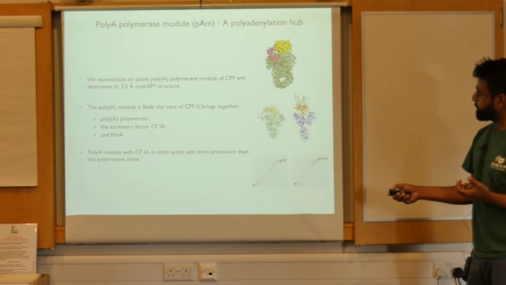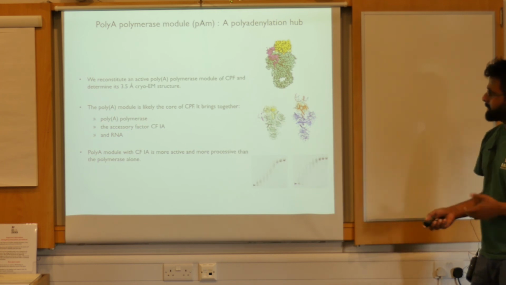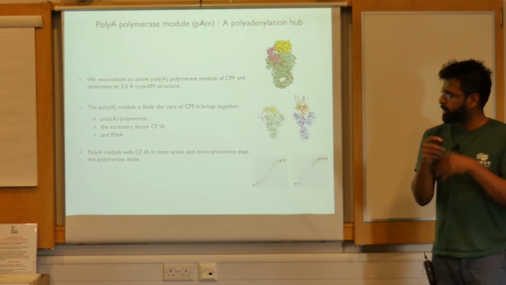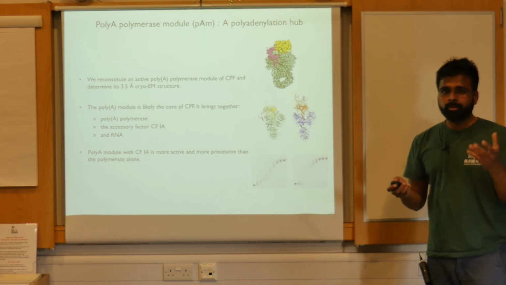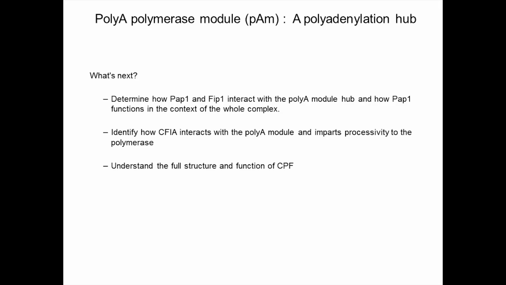And we also show that this interacts with a few other factors, therefore leading to a model where it acts as a hub in this whole process. The next few things that we would like to do is to understand not just how the PolyA module works, but how the whole CPF works.